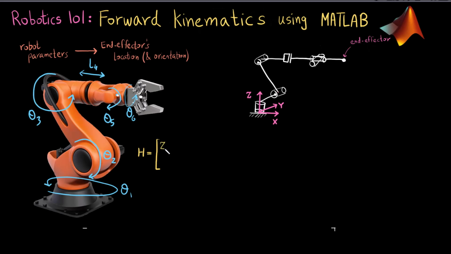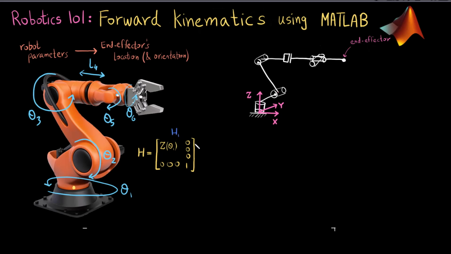So Rz of theta 1, and there's going to be no displacement in my first homogeneous transform, since it is just a rotation about this point. So there are going to be 3 zeros here, and then my bottom row is always 3 zeros and a 1. So this becomes my first homogeneous transform, H1.